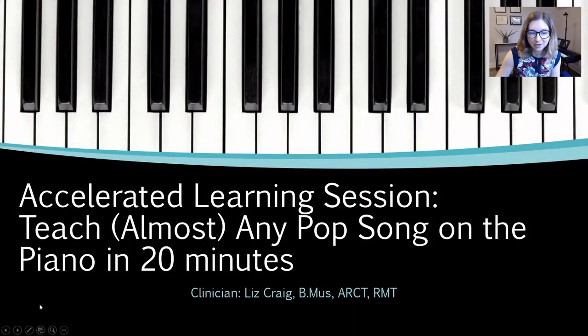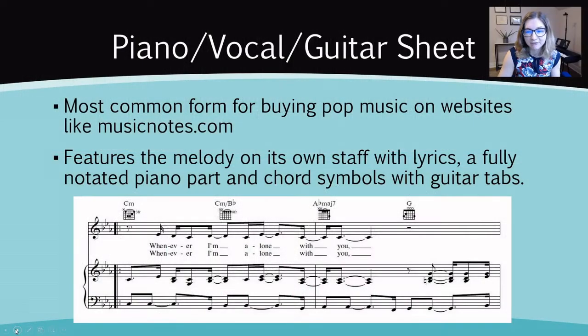All right, so first of all, I wanted to show you a few different types of sheet music that you may encounter when you're learning pop music. This is probably the most common and what you might gravitate to initially when you first have a student come looking to learn a pop song. You might go to musicnotes.com or even a music store and look for an anthology from an artist. The most common form for sheet music is like this.